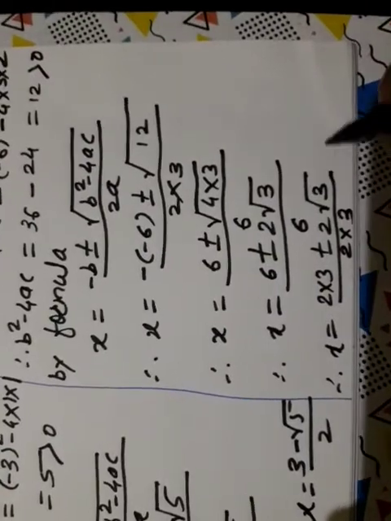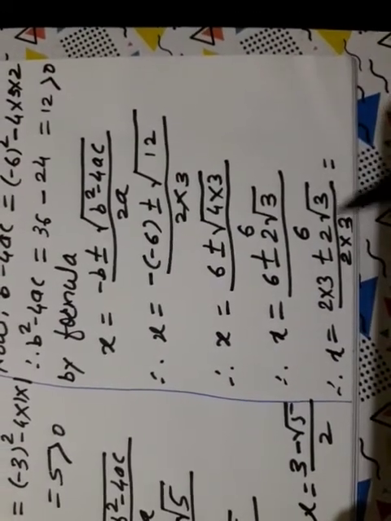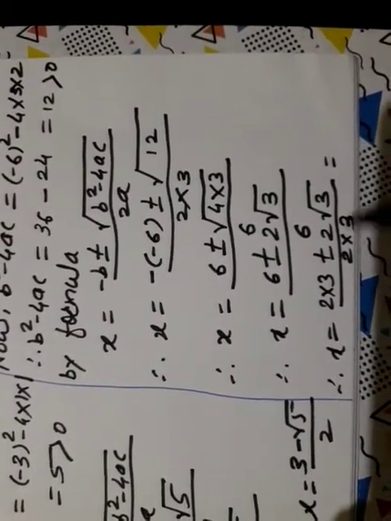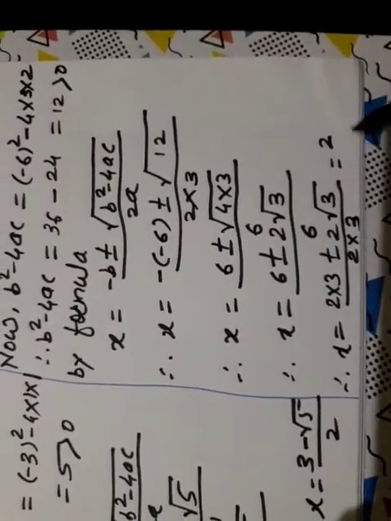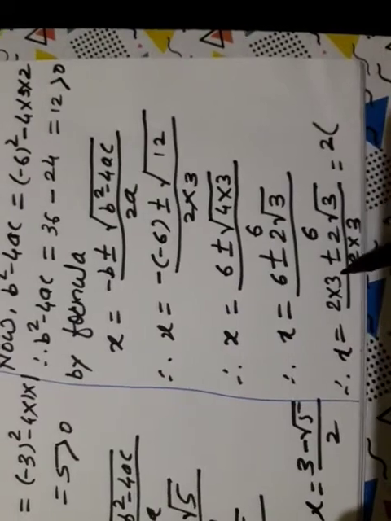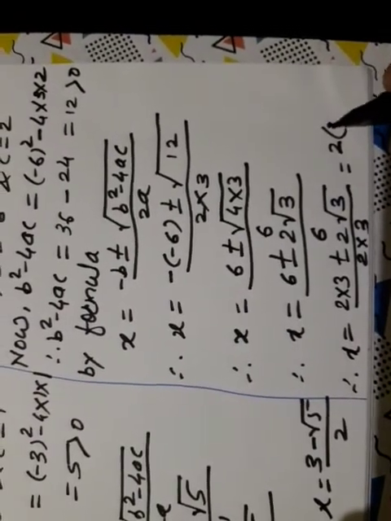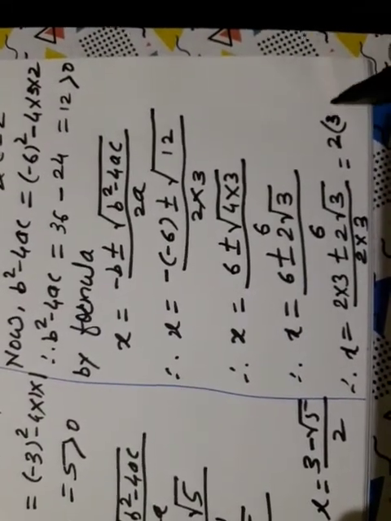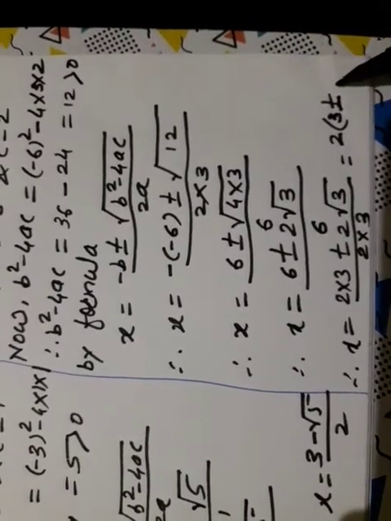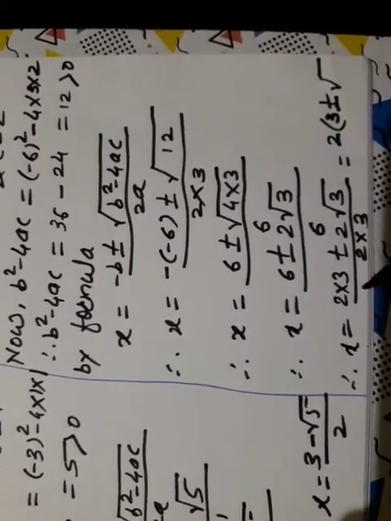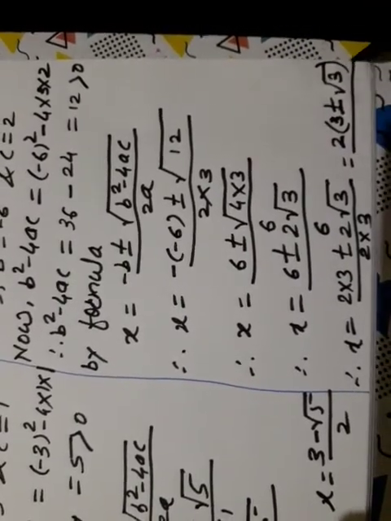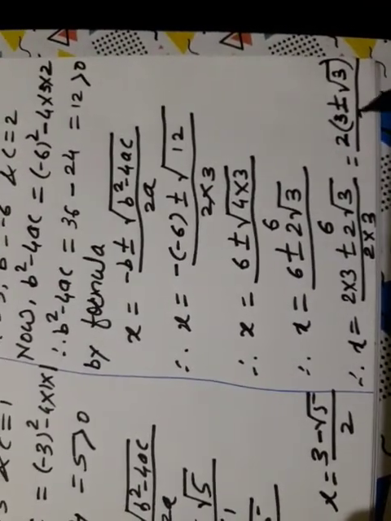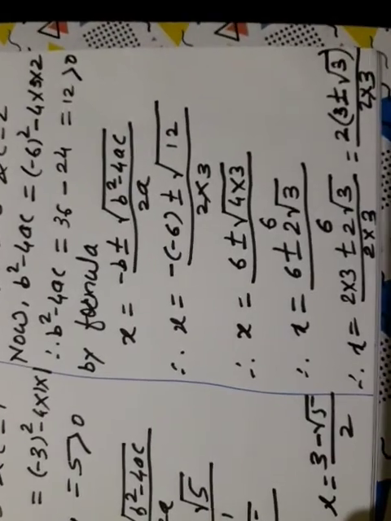Okay, now what will happen? Look here, for understanding purpose, this next step I will write here only. x is equal to, here 2 is the common factor, we have to write it outside. Then what will remain inside? 3, this 3 plus or minus root 3, here 2 gone out, 3 bracket complete, divided by 2 into 3.